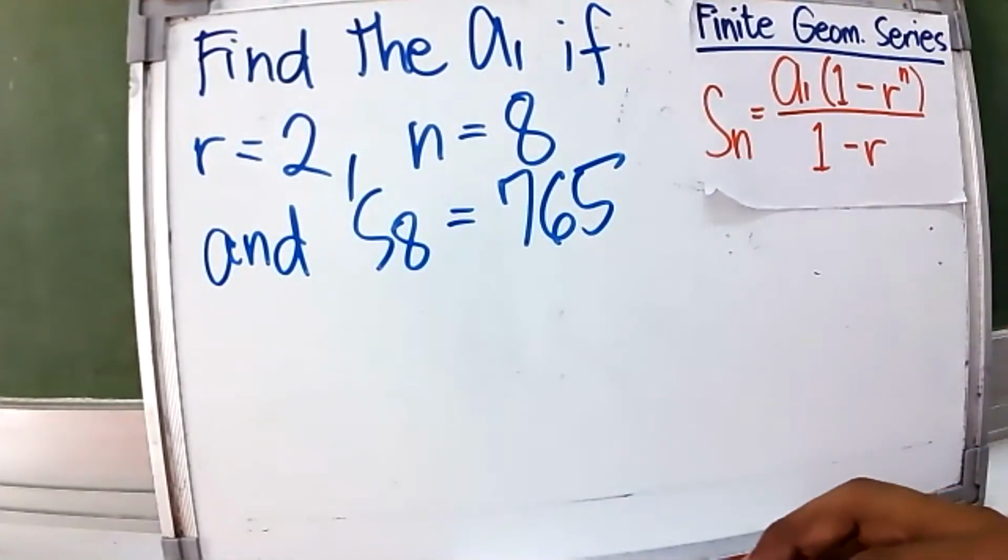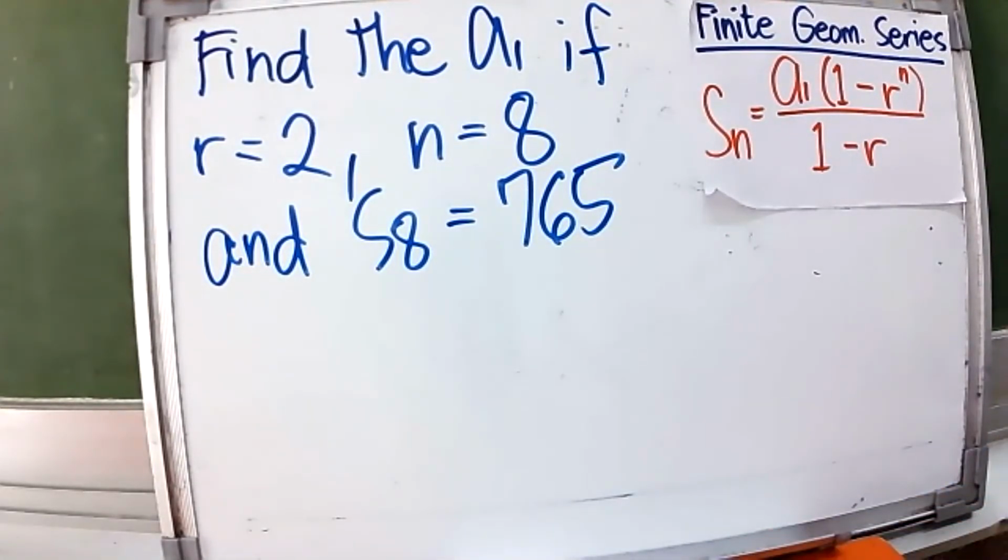Find the first term if the common ratio is 2, N is equal to 8, and S sub 8 is equal to 765. Go. Kindly chat me your answer when you got it already.